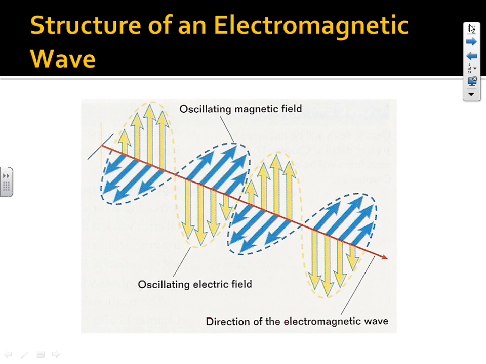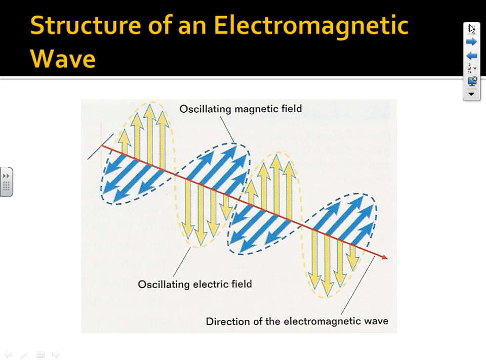So it's kind of hard to see from this picture, and if you're listening to the recording, you can't see it anyway, but if we think about it this way, right? As one goes up, the other one goes to the side, and then they come back together. And then as one goes down, the other one goes to the left, and they come back together. And then up and to the right, back together, down and to the left, back together.